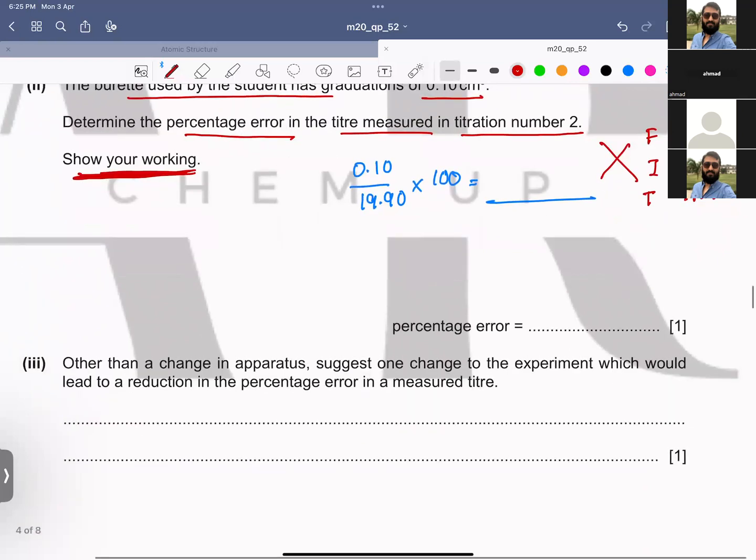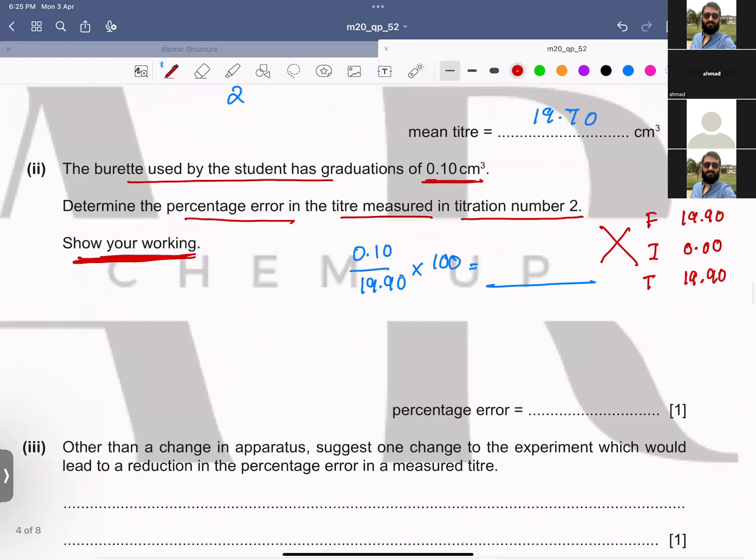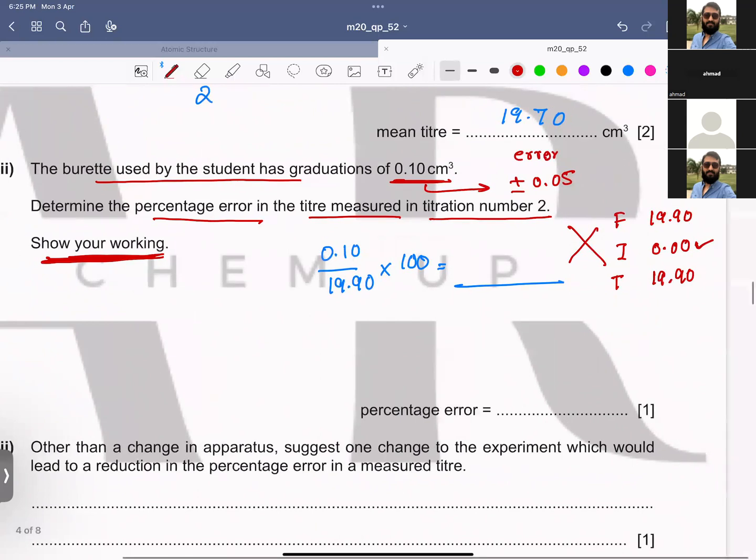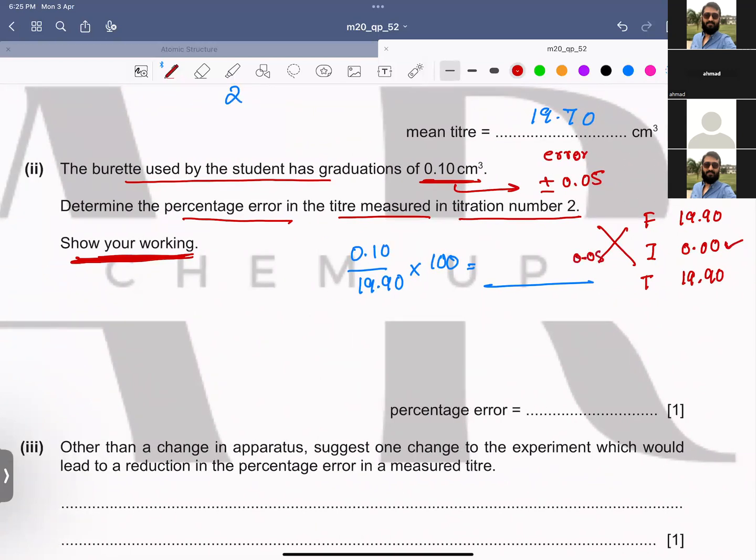So see, if the graduation is 0.1, what would be the error? The error would be plus minus 0.05, right? That is the error when you note the initial reading, and when you note the final reading you have an error of 0.05 again.